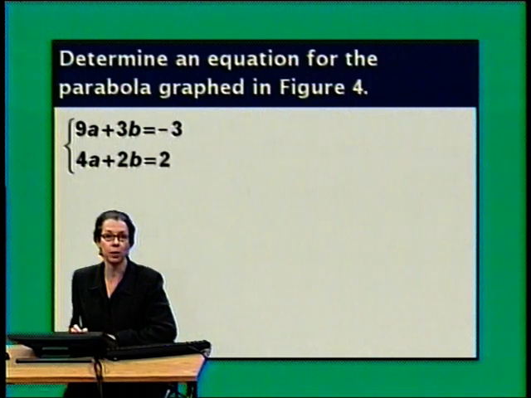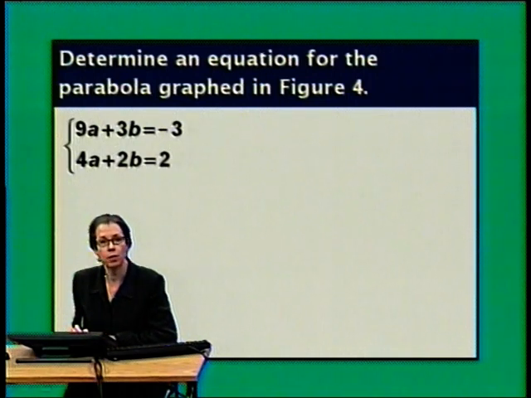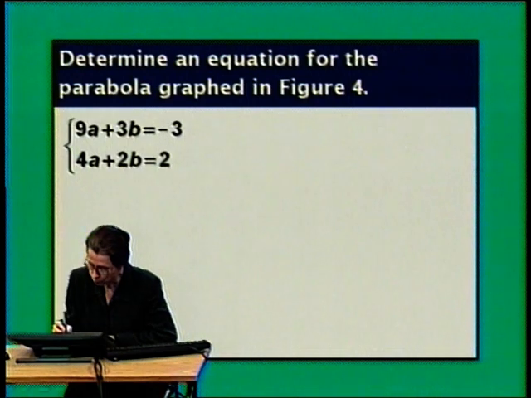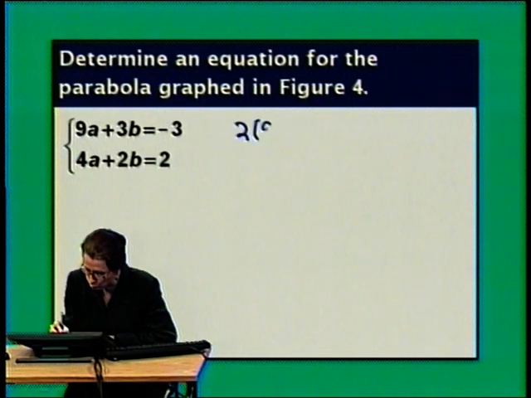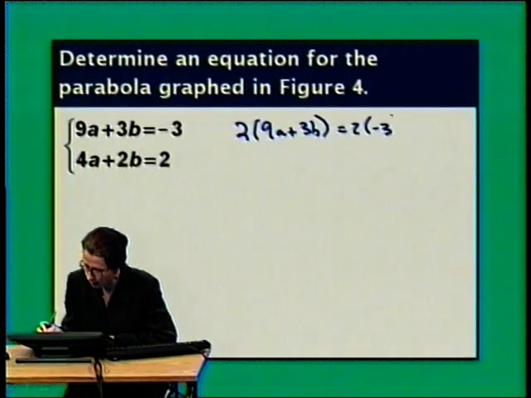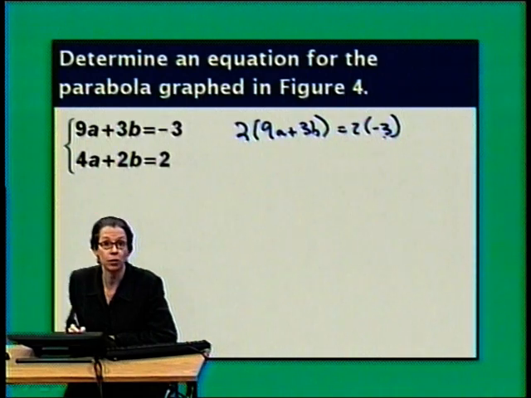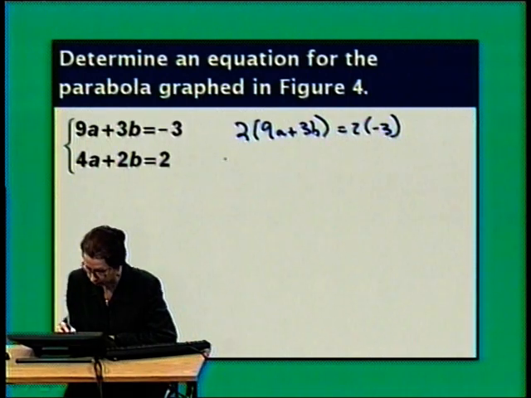So here's the system. I'm going to solve this using the elimination method. And I think I'm just going to choose to eliminate b. So if I have a coefficient of 6 in one equation and -6 in the other, I'll be able to eliminate b. So I'm going to multiply the first equation by 2, and I'll multiply the second equation by -3.